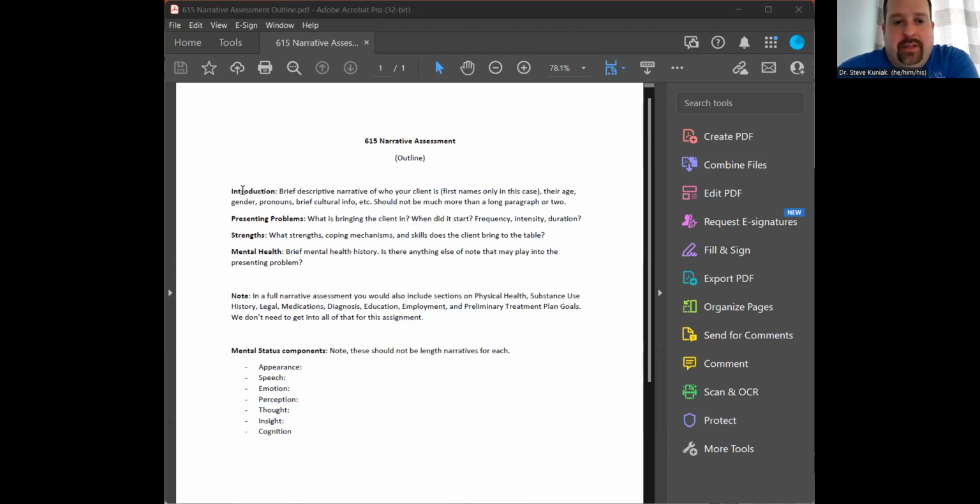Then there's an introduction, which is just kind of a brief narrative description of who the client is. So if I use me as an example, client Stephen Kuniak, and then in parentheses Steve, because that's what I tend to go by. Cis male, my age, lives in Greensburg, Pennsylvania, which is near the greater Pittsburgh area of Pennsylvania.